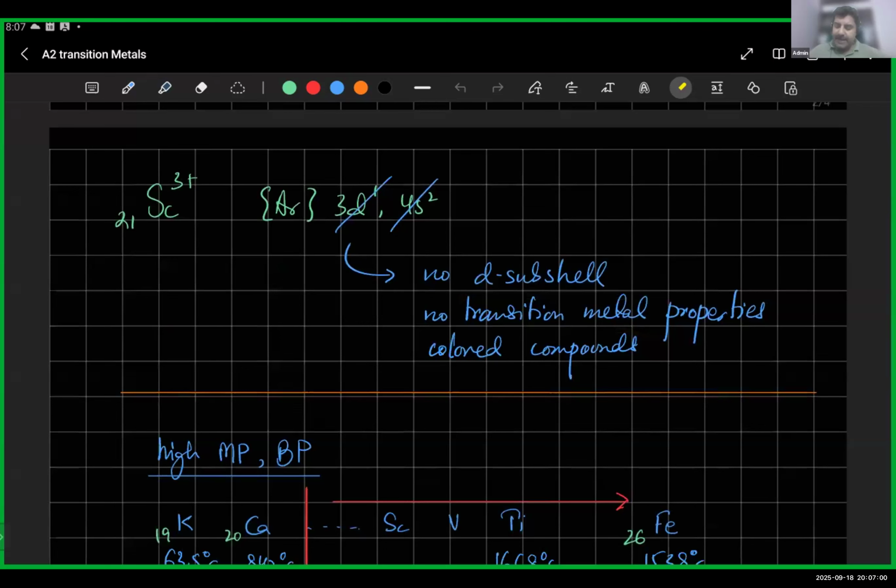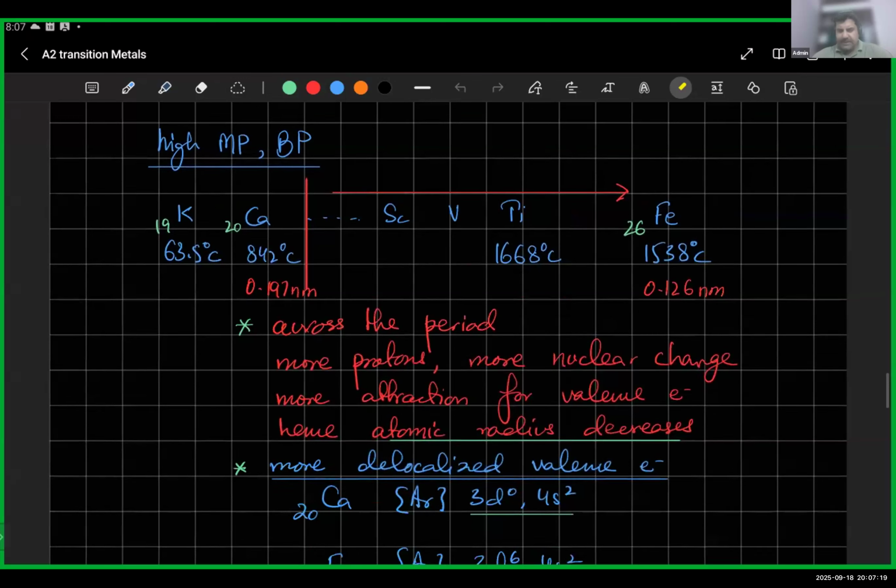So remember, any element whose ion has 2 electrons in the d, or 4, or 5, or 7 electrons, whose d is incompletely filled, will behave as a transition metal.